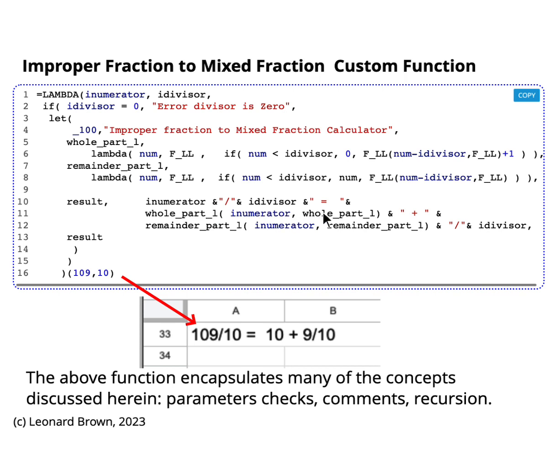So I get the recursive part with the I numerator as the parameter, and that whole part returns 10, which is this. I concatenate it with plus, and then I calculate the remainder part. Again, the remainder part has a parameter, along with I numerator, and that returns 9, and then I concatenate it with slash divisor. It's a relatively simple function, but it actually is using two recursive functions to calculate the whole part and the remainder part, and I think it's actually quite elegant.